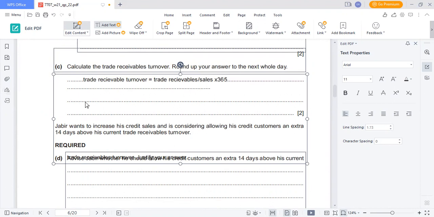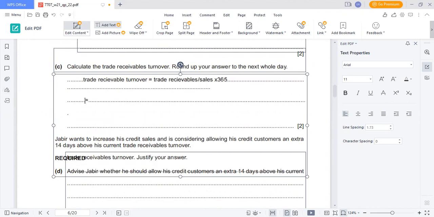So the answer will be trade receivables, that is 22,600, that was given in the question, divided by 160,000 multiplied by 365. So the answer will be 52 days.